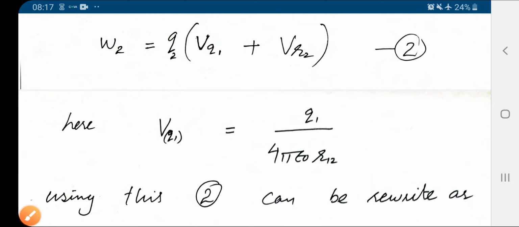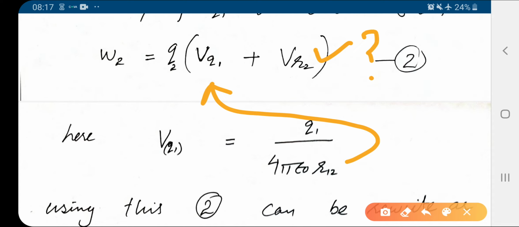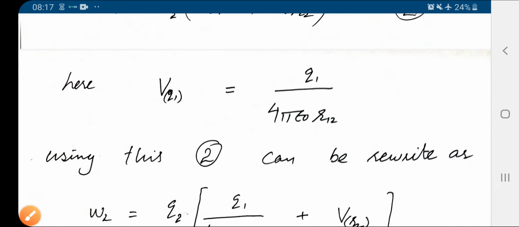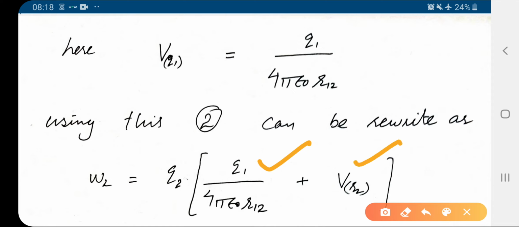Substitute this value here. This is the potential due to the electric field, and this is the potential due to the Q1 charge. So substituting these values in 2, we get this. So this is the potential due to Q1, and this is the potential due to the electric field, which we simply write as BR2.